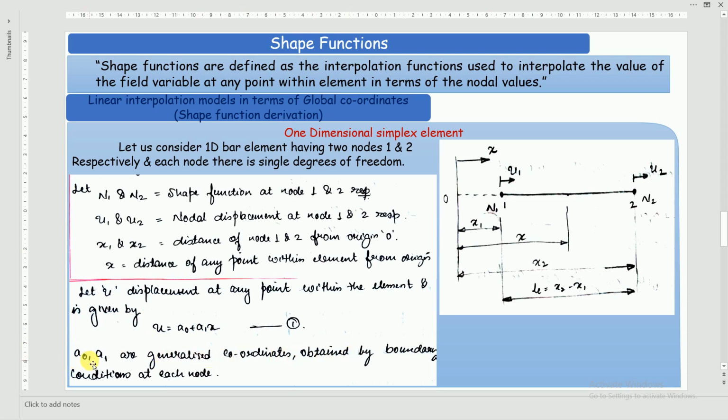To find them, we will be applying the boundary conditions. What are the boundary conditions? We will see it in the next slide using this figure.